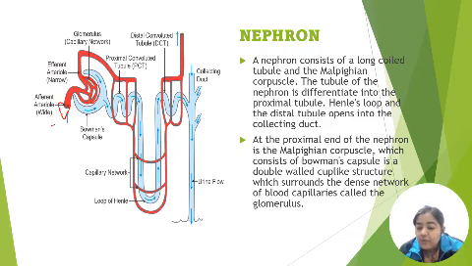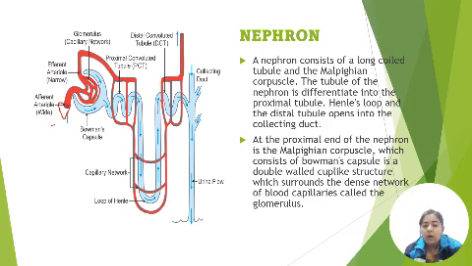What is the full form of DCT? It is the distal convoluted tubule, and this is connected with a collecting duct, and that collecting duct will collect all the unwanted minerals from the body in the form of urine.